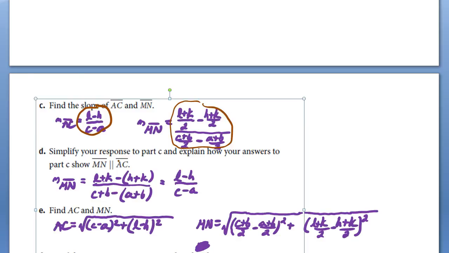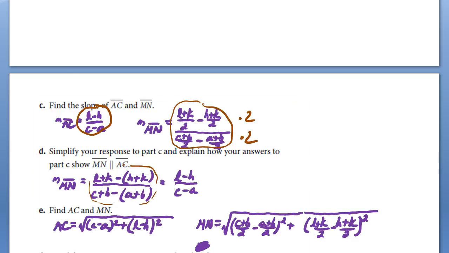Question D, simplify that expression to explain how this slope is the same as this slope. The first thing I did, because all four of these fractions have a denominator of 2, I multiplied the top and the bottom by 2. That canceled out the denominators and left this expression here.